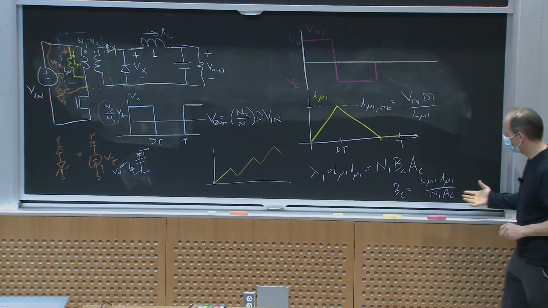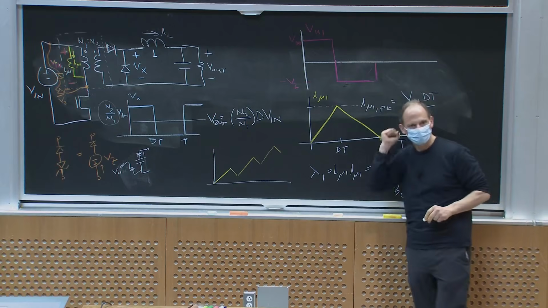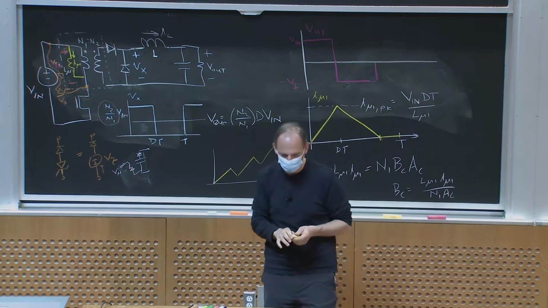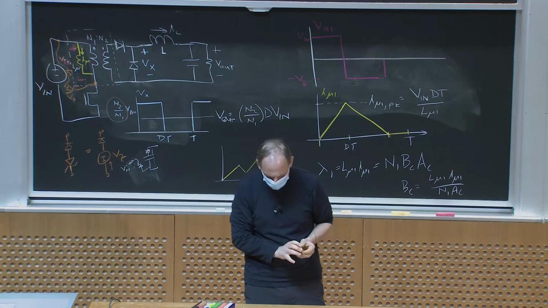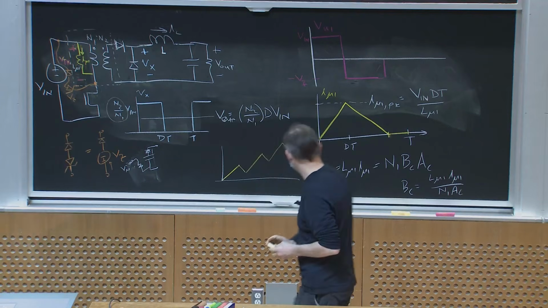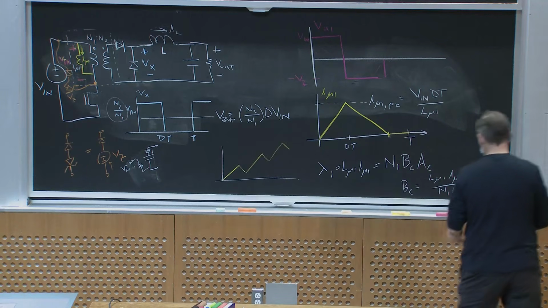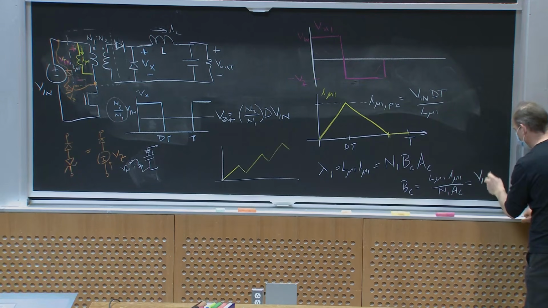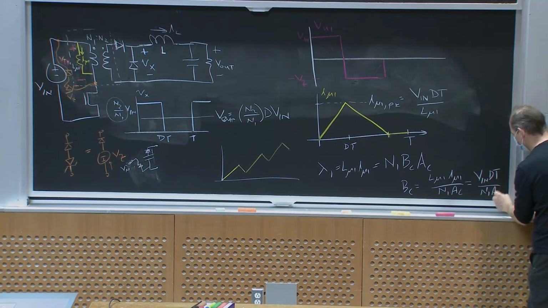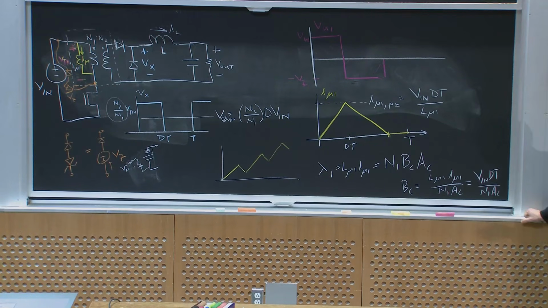And we've got to keep this peak core flux below the saturation flux density of the core. I could also rewrite this as Vin dt over N1 Ac, another way to write it.